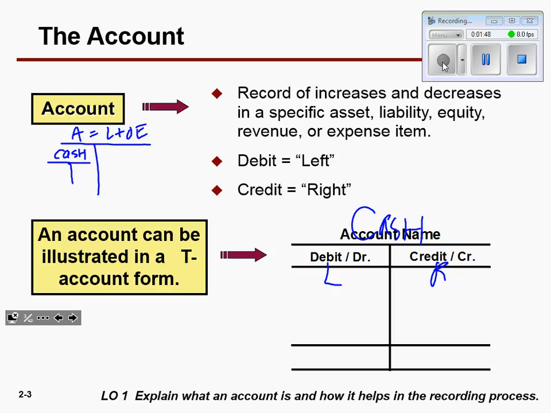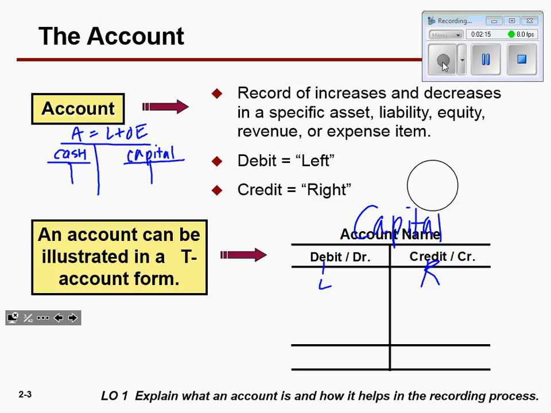Even if we move over to the other side of ALLO, like if we put capital in, I can still put the account title here. It still has a left and a right side. It just acts differently when we cross over to the other side of the accounting equation. We'll get into that in a little bit.